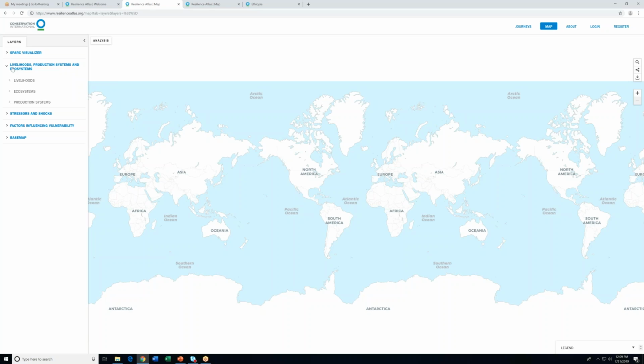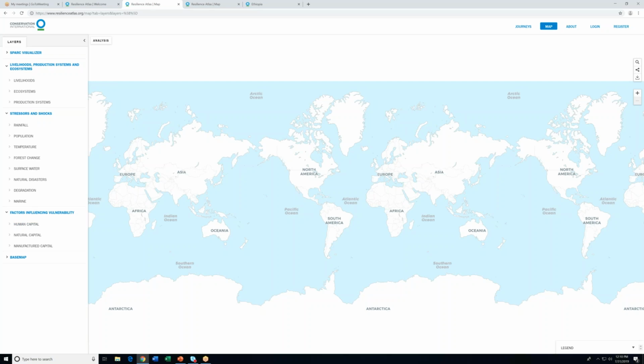There may be some data sets that have different levels of relevance. So we've concentrated everything into this one area so that you can easily explore different data sets that we find define resilience. So we have these three major categories: livelihood, production systems, and ecosystems, stressors and shocks, and factors influencing vulnerability.